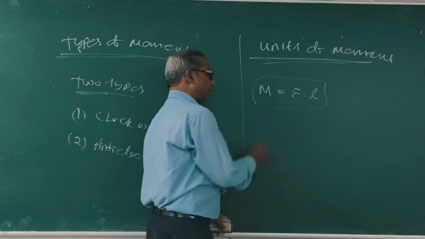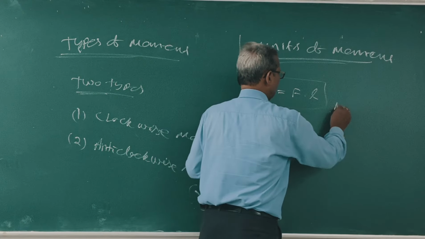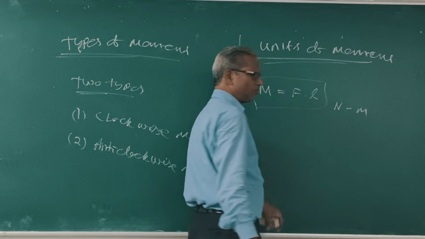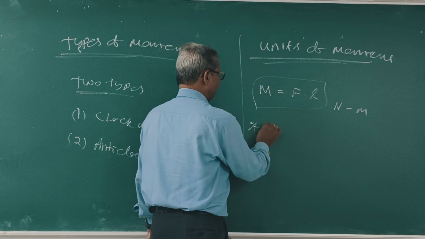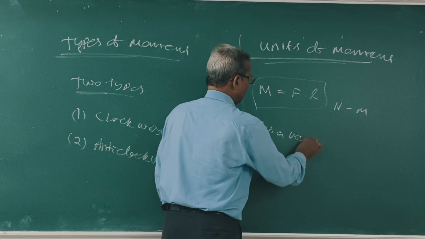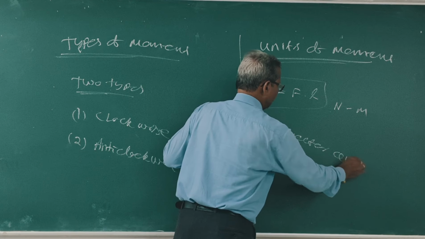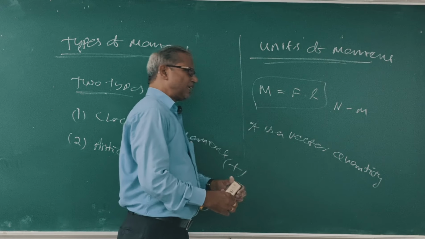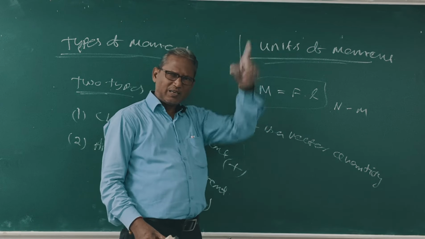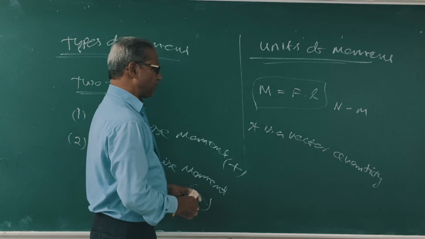What is the unit of F? Newton meter. Clear? It is a vector quantity, because it has a magnitude as well as a direction. What is the dimensional formula?